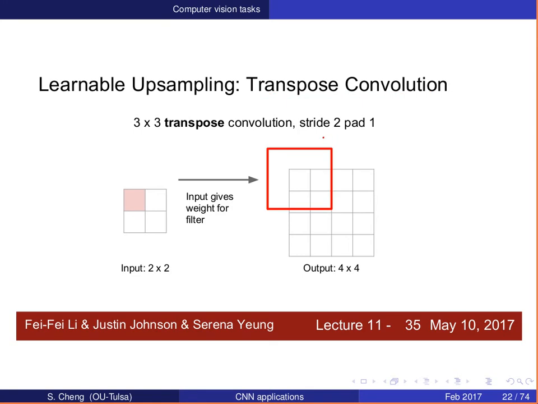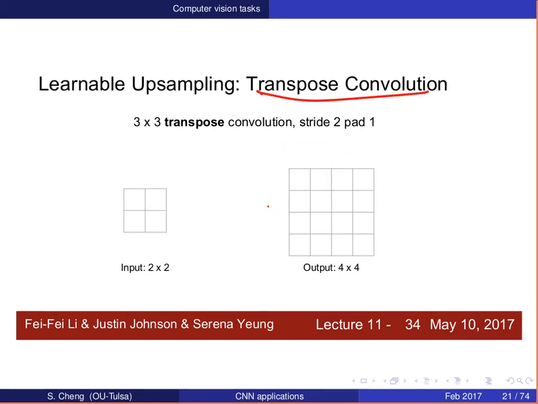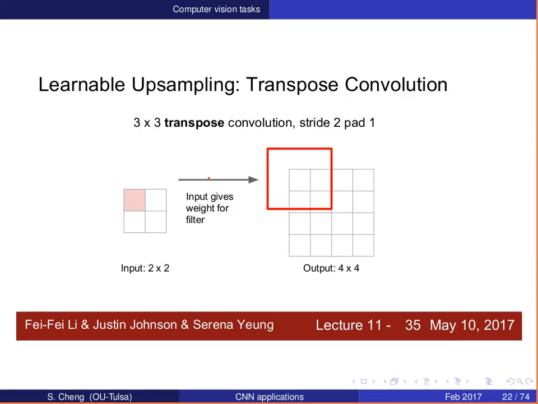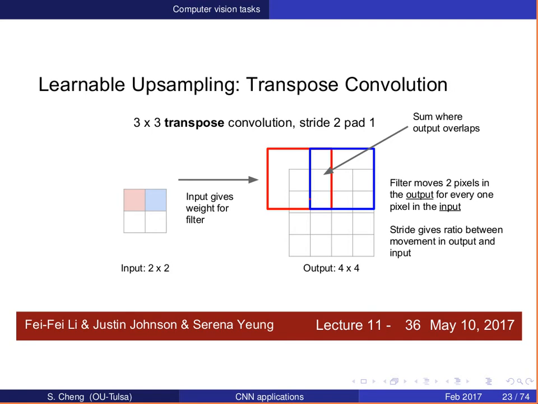You have this convolution filter here. When you do downsampling, you are doing a dot product of this filter with the inputs. Now, if you do the opposite, you multiply the input value with the filter and fill in the values here, and then you continue to do that.